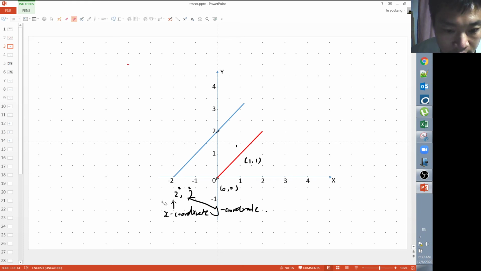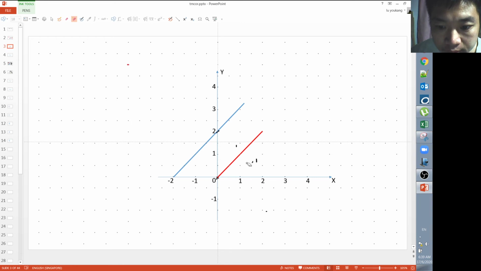Now let me continue to explore another type of relationship between two lines. Let me get rid of this. I don't need the red line, and let me label this. This is my -2 and 0 point, and this is my 0 and 2 point. So you have these 2 points, and this is your line 1.